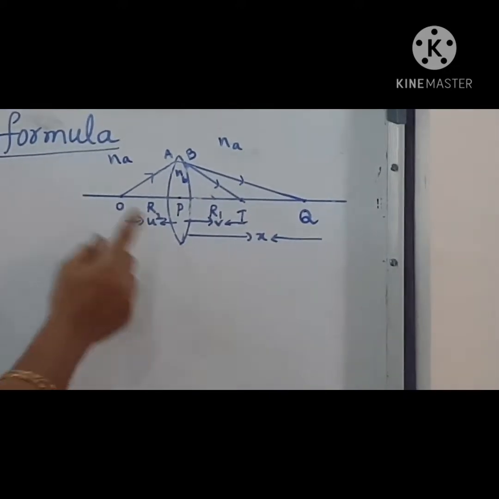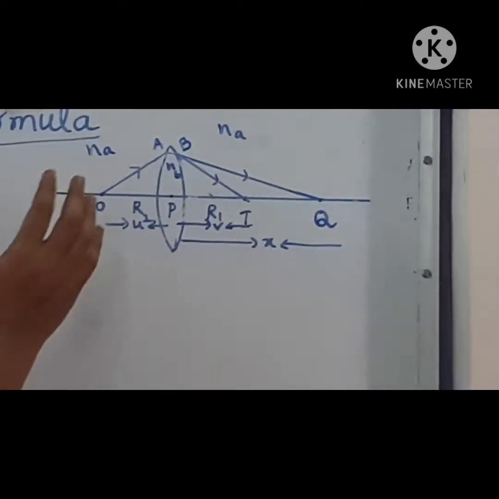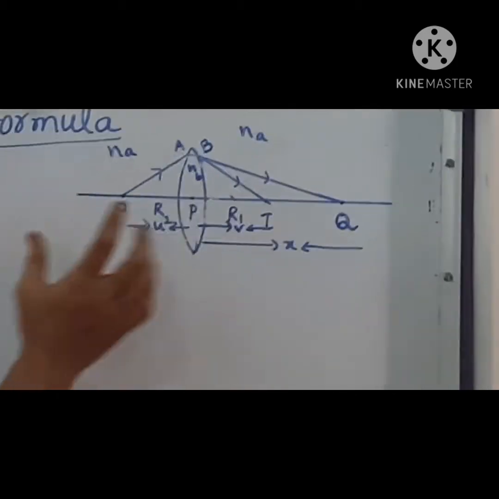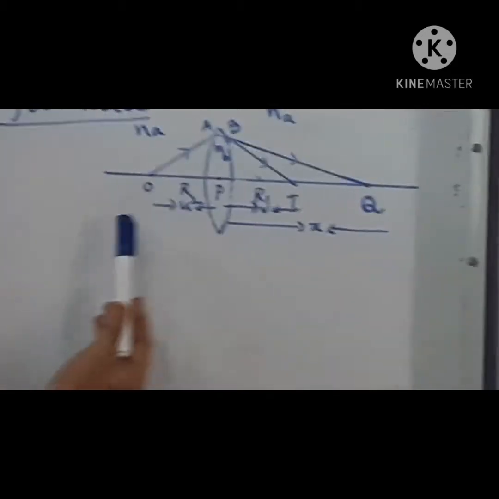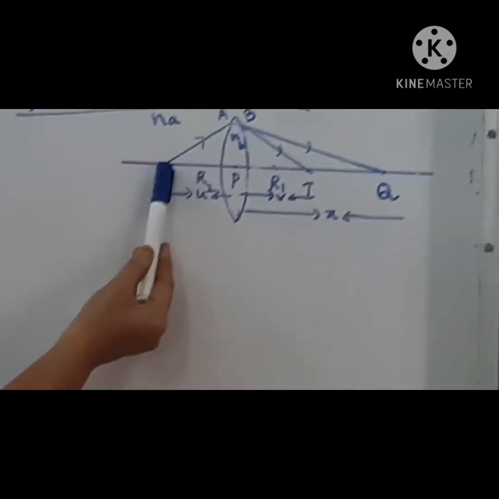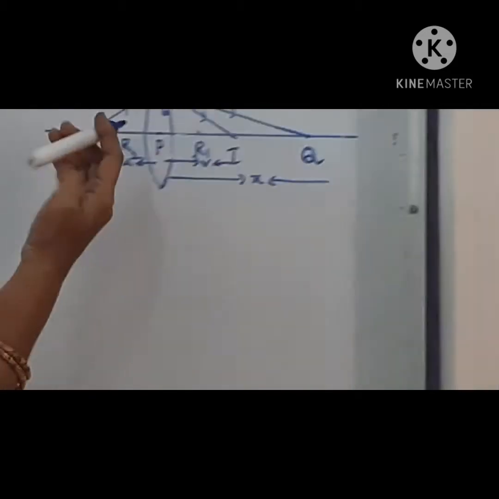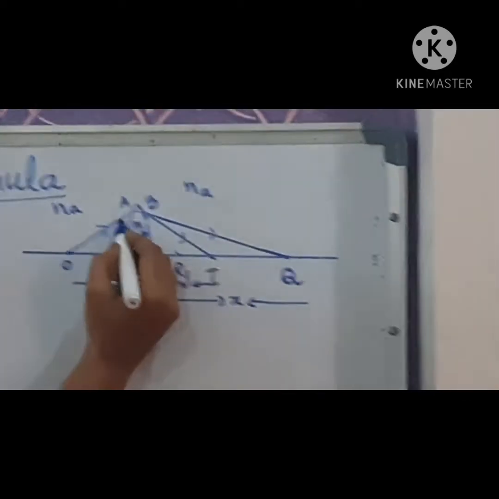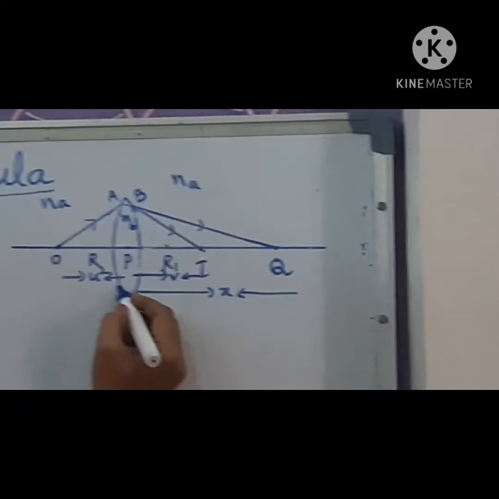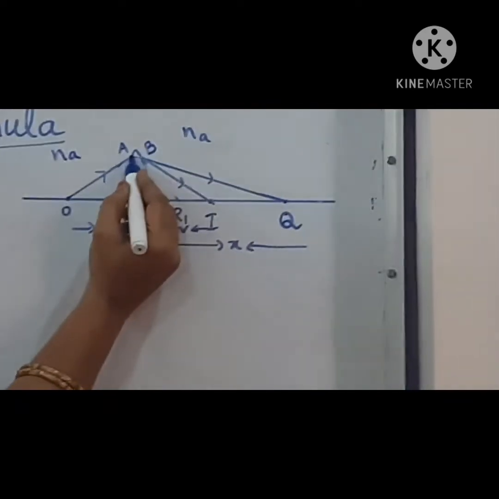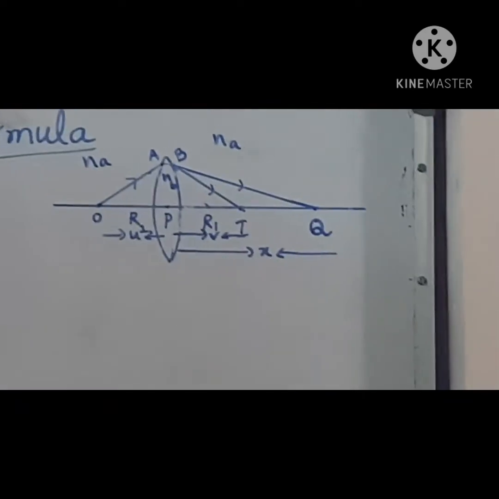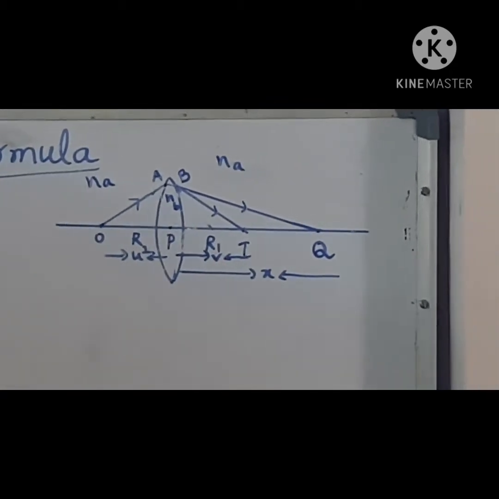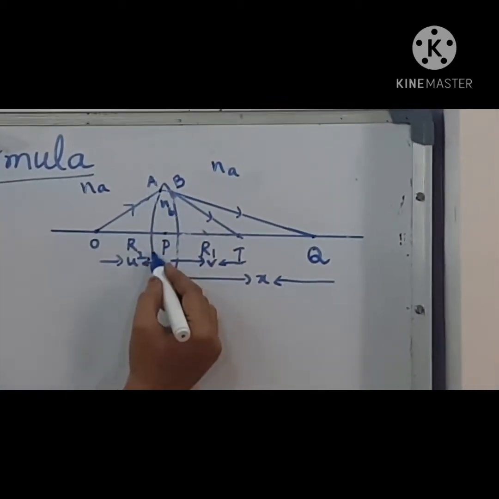So the convex lens is kept on the principal axis, and an object is kept at O. From this object O, a light ray is incident and meets the curved surface at A. Children, here let us assume that there is only one curved surface.